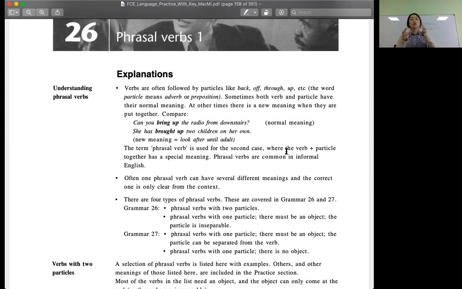It means it has merged and it now renders a totally different meaning. Bring up together as a phrasal verb means воспитать, взрастить, right? So принести вверх и взрастить, two different meanings, right?